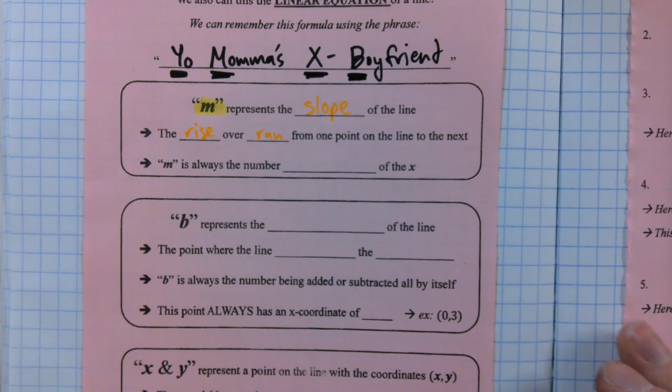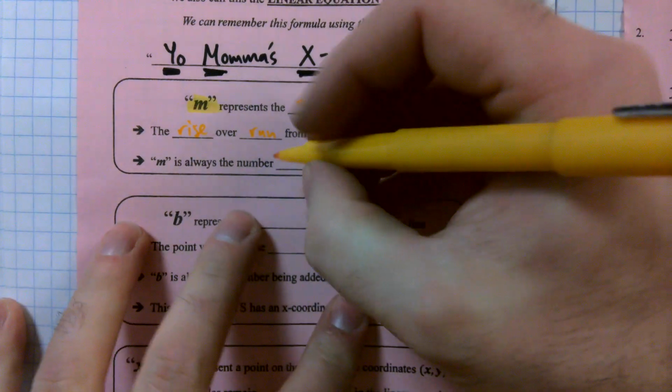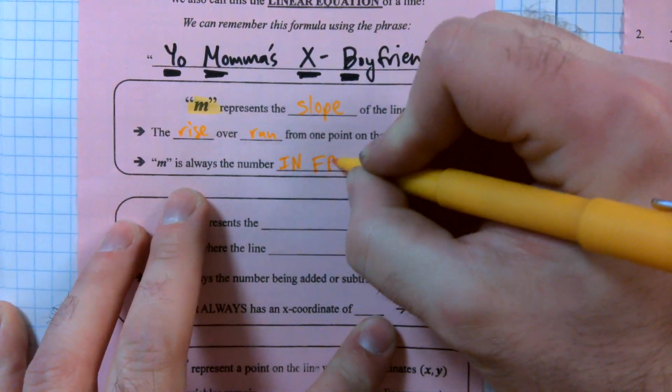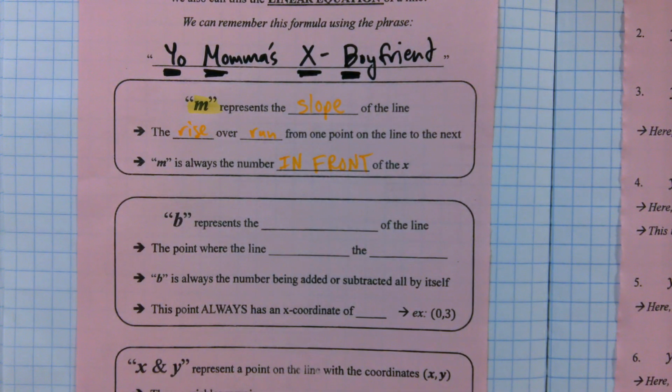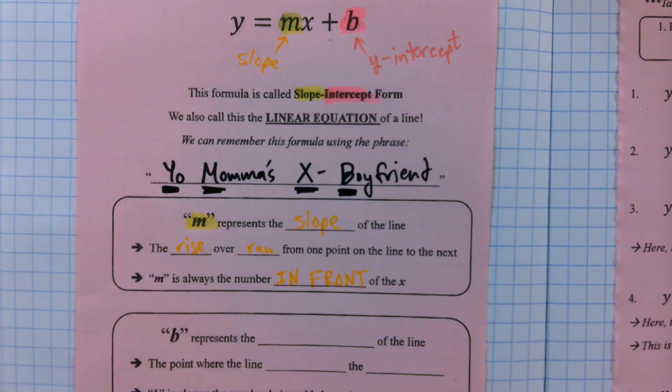Now, how do I know where my M is in the equation? Where is my M in this formula? In front of what? The X. M is always the number in front of the X. All right?